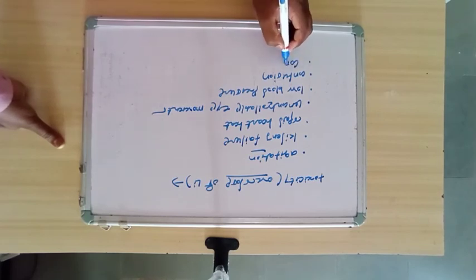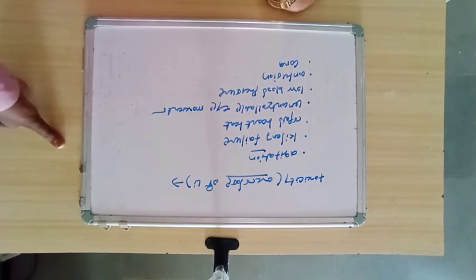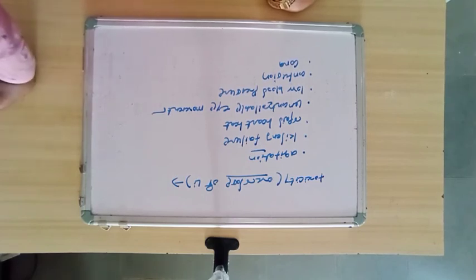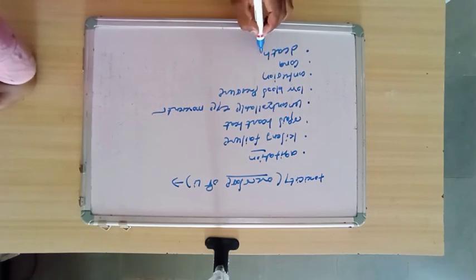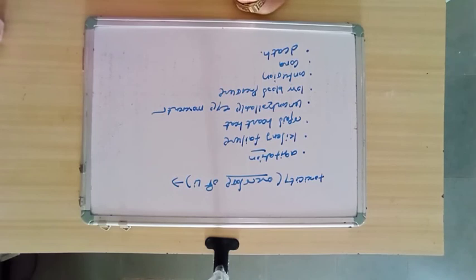So coma is also a severe toxicity when excess lithium is given to a person. And the last is death. So you should remember these symptoms are related to excess toxicity or overdose of lithium. So this is regarding the biochemistry of lithium.